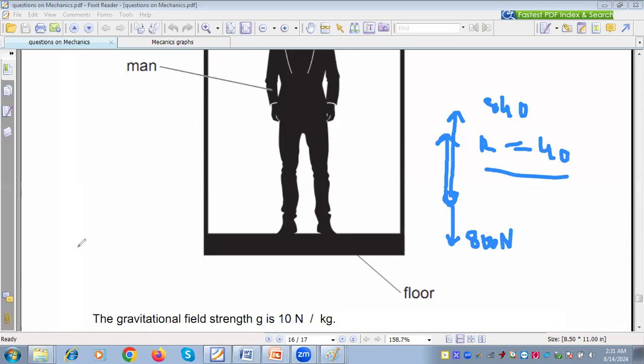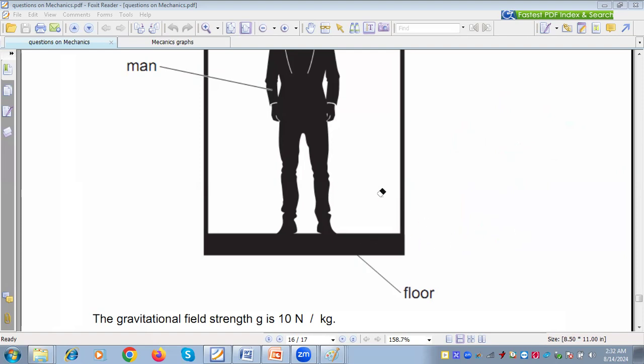Okay, so when lift accelerates upward, the contact force from the floor of the lift on the person and weight provides the resultant of 40 Newton to the elevator. So that is why it is accelerating upwards.